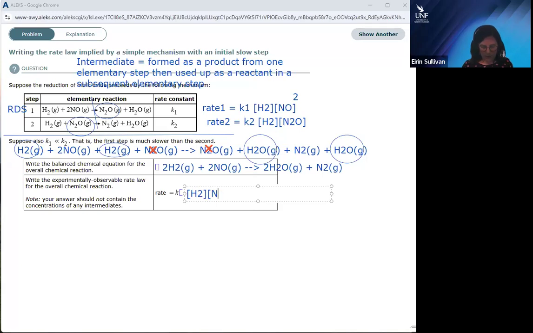So I'm going to just tidy that up and make that look pretty by using the right parentheses, etc. So that'll be NO power 2. So there we have it. That is how we do that for a simple mechanism with an initial slow step. It's always going to be the rate law from that first elementary step, because that is the rate determining step.